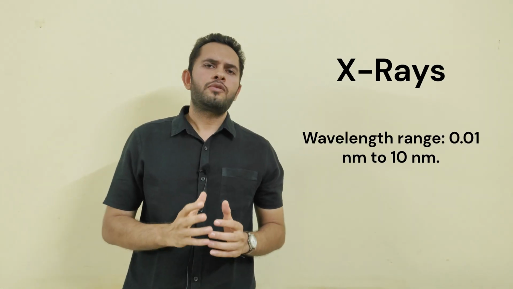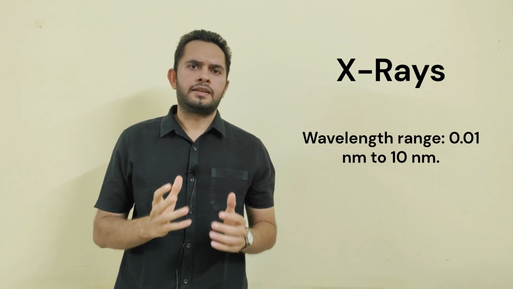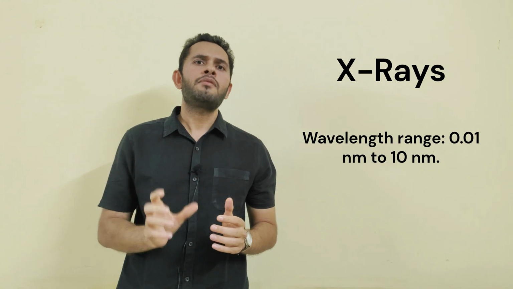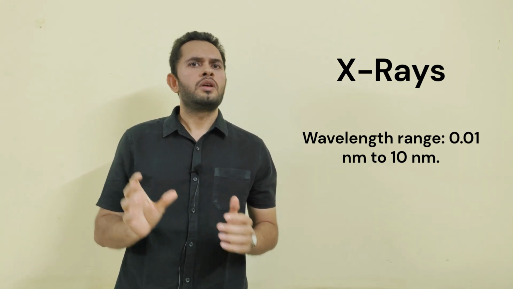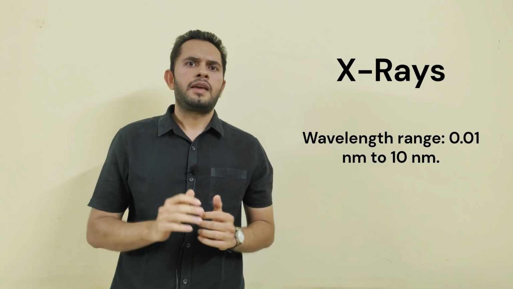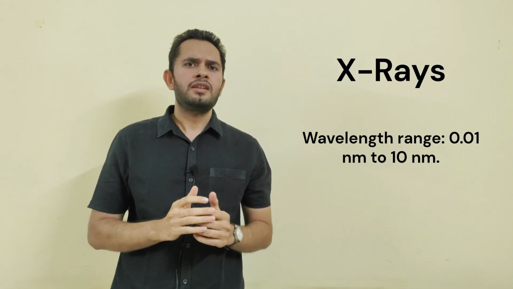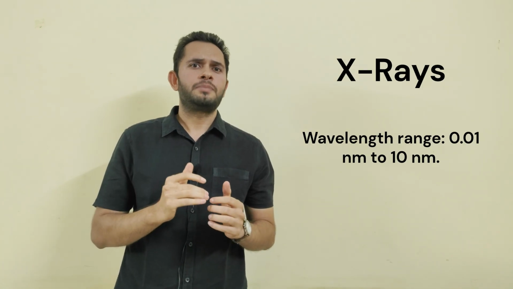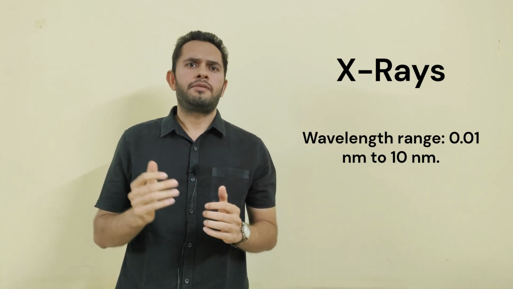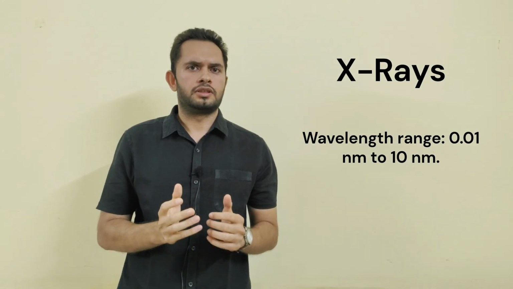The second region is X-rays. X-rays have wavelength between 0.01 nanometer and 10 nanometer. X-rays are commonly used in medical imaging and this region is not effectively used in the remote sensing process.